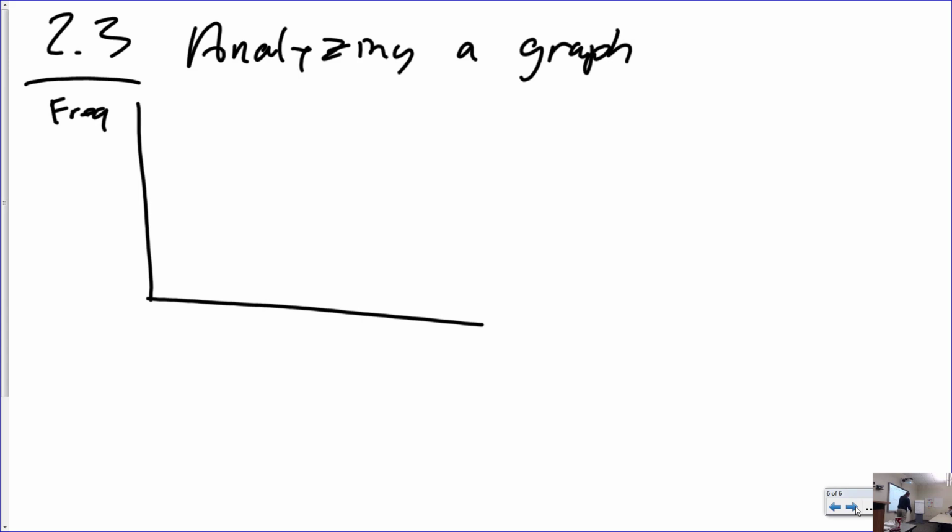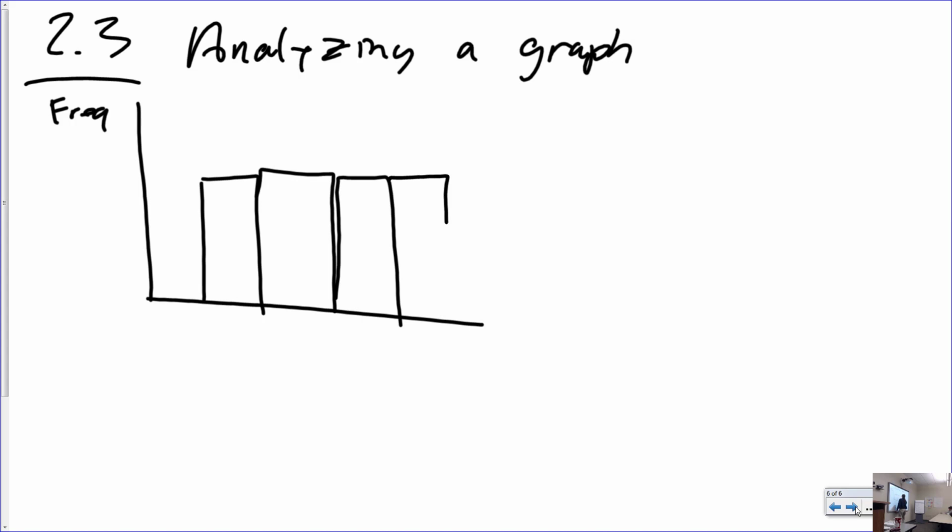So if you get a frequency graph that looks something like this, let's suppose it's a histogram, and the data looks something like that, where it's all kind of at the same height. What would you say about the data that you have gathered?